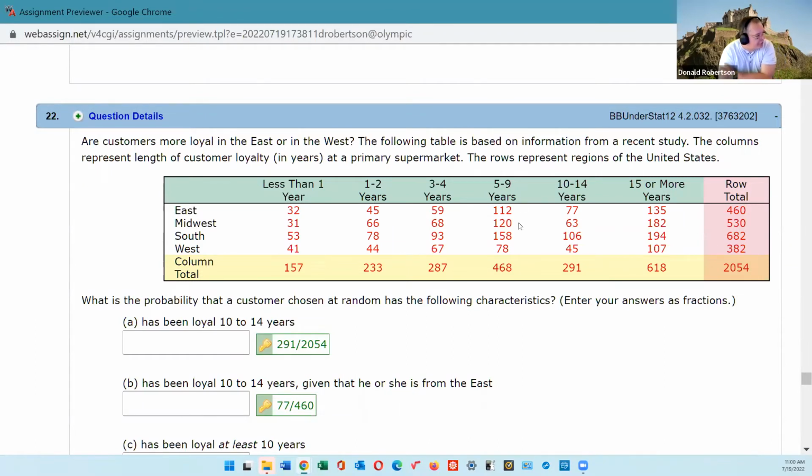For instance, in the East, there are 460 people they got information on, and out of those 460, 135 had been going to the same grocery store for 15 years or more.